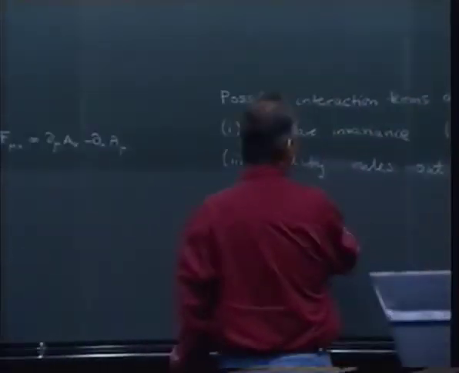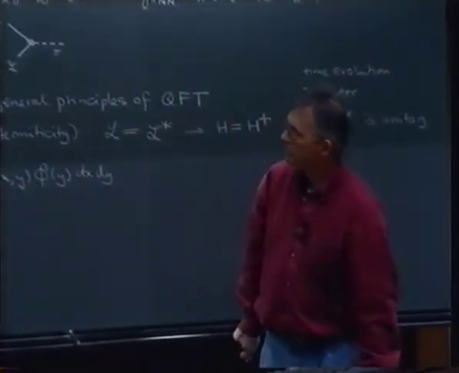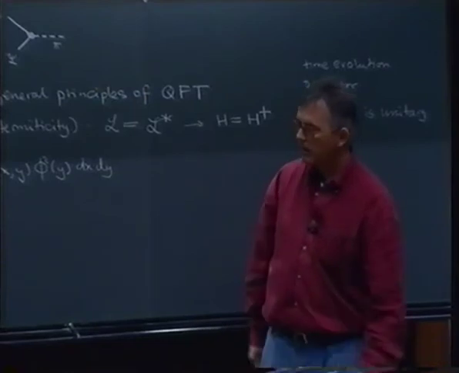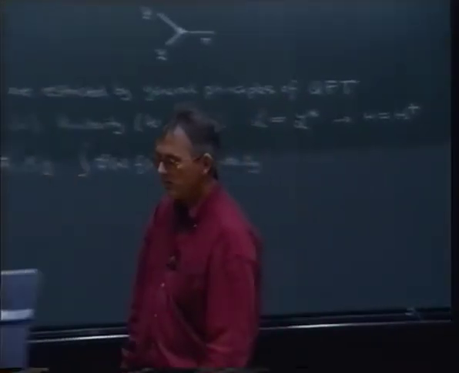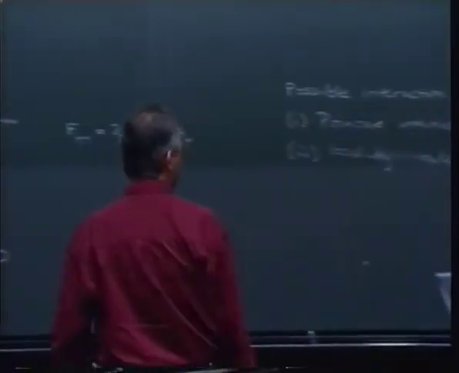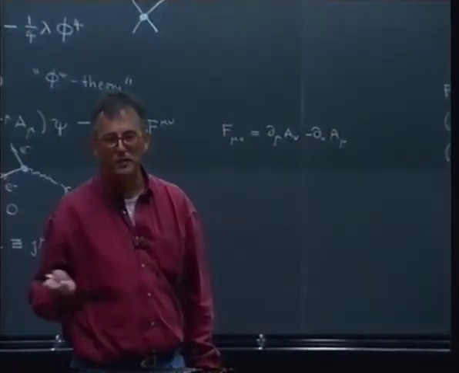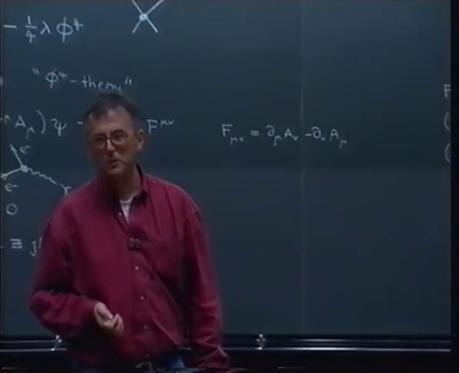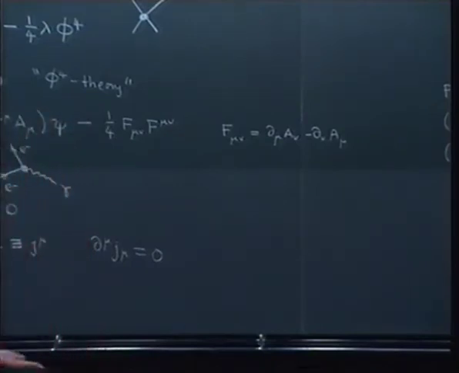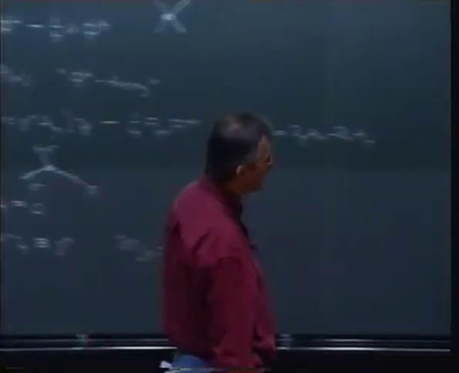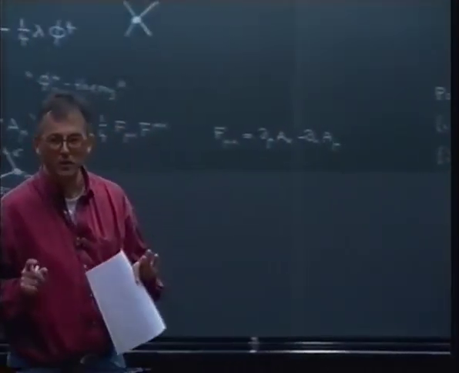Now, these are very general requirements, and I told you already last time that with the apparatus of quantum field theory, we can derive some very general consequences, and one of them is the spin statistics theorem. In fact, there's a branch of quantum field theory called axiomatic quantum field theory, and the main contribution, really their claim to immortality, as it were, is the statement of two general theorems which we can prove.